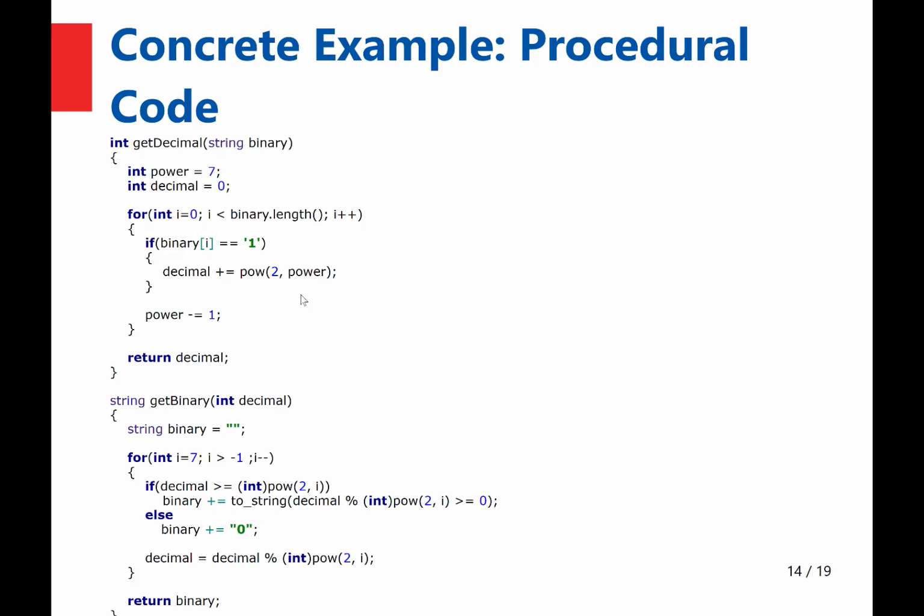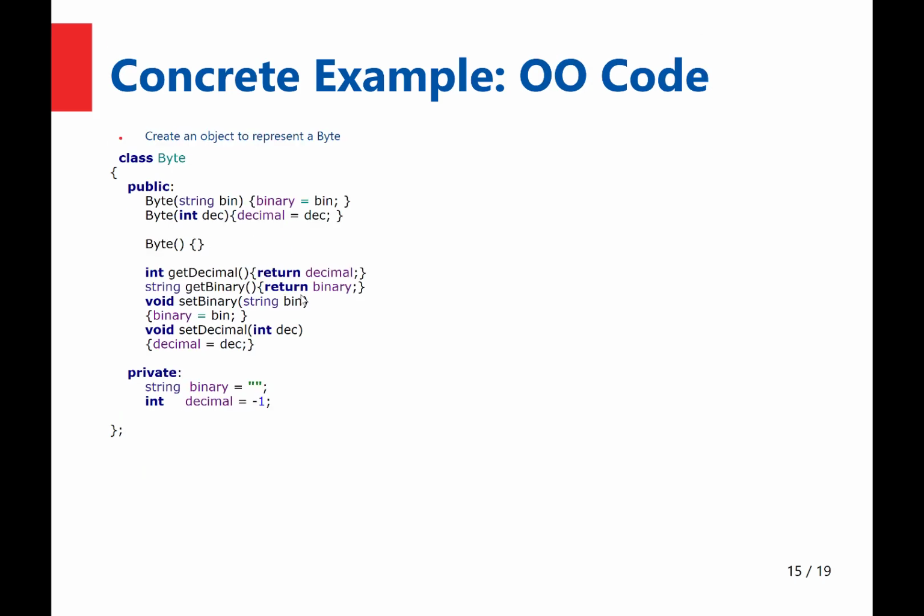So how would we code this in an object-oriented way? We would create an object, right? So in this case, we create a class byte that represents 8 bits, right? And we won't go too much into the code.